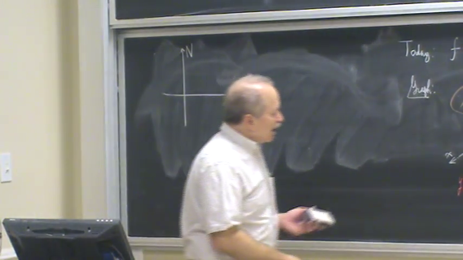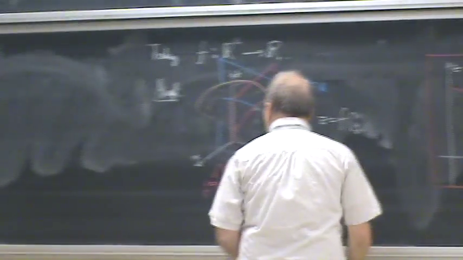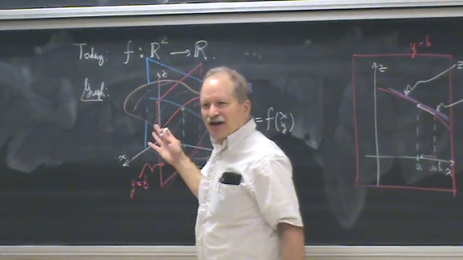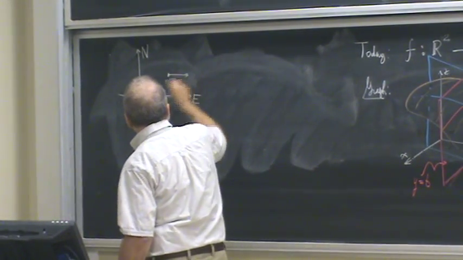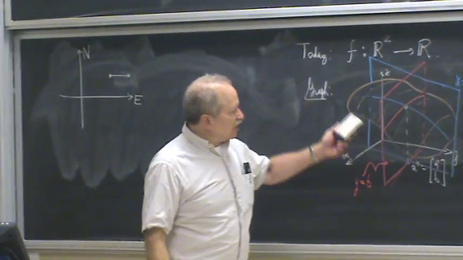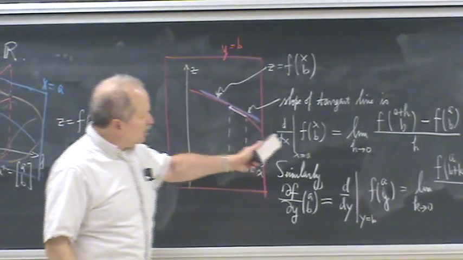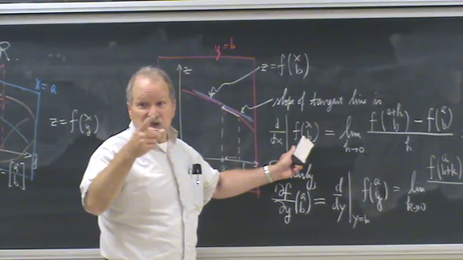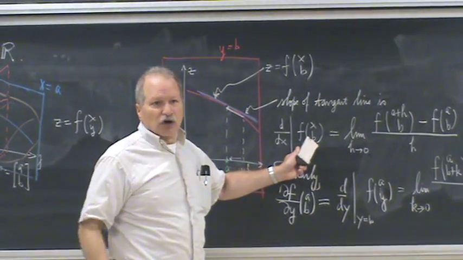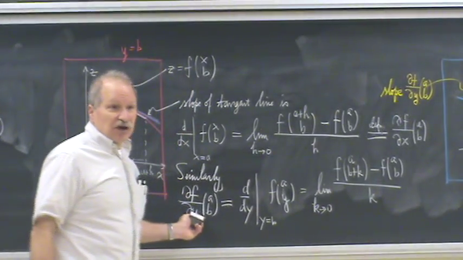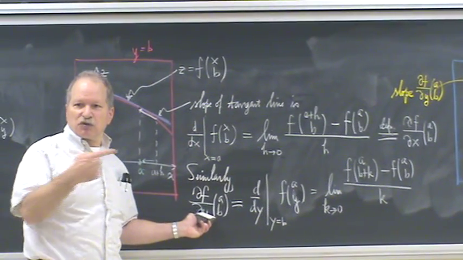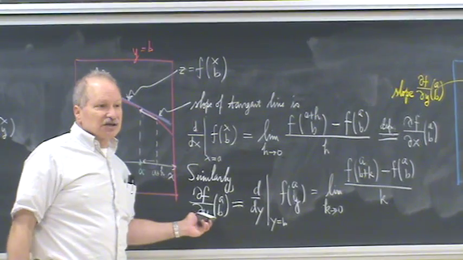Certainly don't want south. And so what we're discussing here is that if you're at a certain point on the map and you headed due east, then this computation is telling you the rate at which your elevation is changing per unit that you move in the east direction. This is telling you the rate at which your elevation is changing as you move per unit in the north direction.